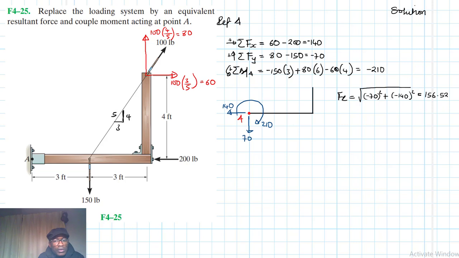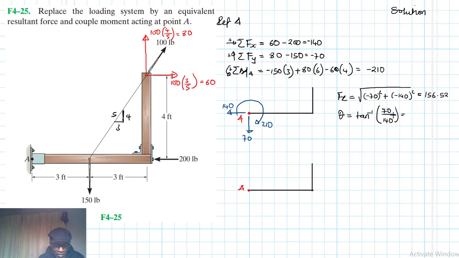So if we are to write this once more, something like this, and let's say it's bent like this. Of course this point is A. So we'll have the resultant force. Let me finish this. Let's also calculate the angle. The angle itself is equal to tan inverse of change in y, which is 70, divided by change in x, which is 140.